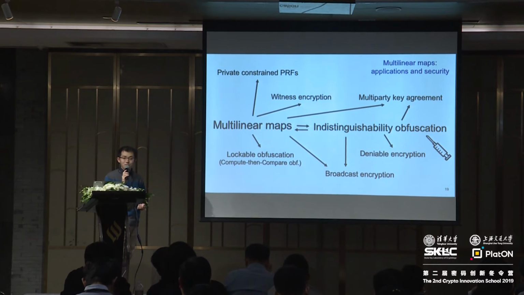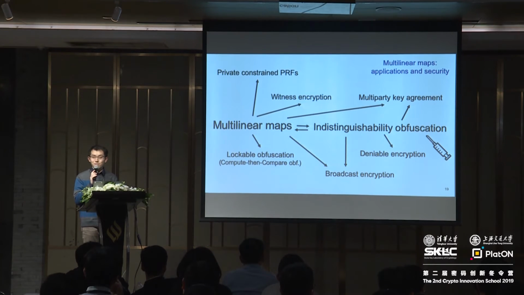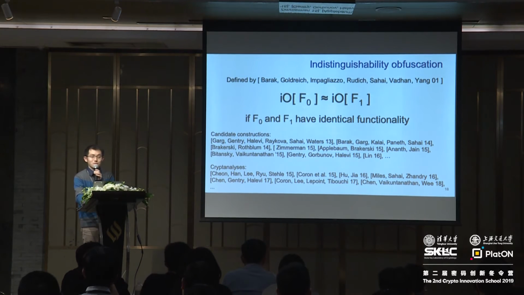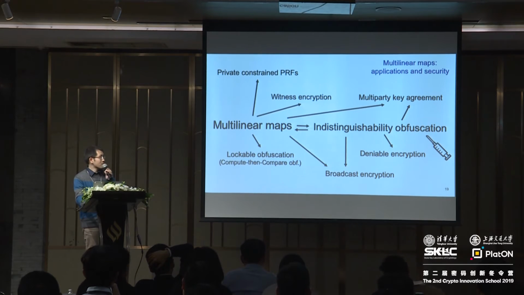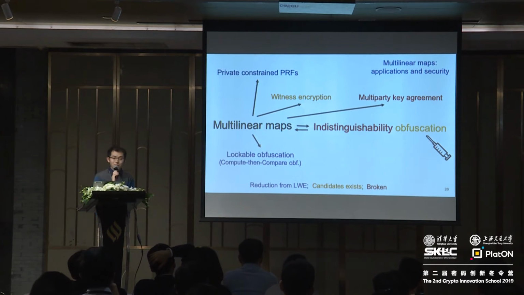You use multilinear maps to build other applications, but there's no functionality guarantee for the applications built from multilinear maps, and the multilinear map itself hasn't been based on a standard assumption like LWE. In fact, all the attacks on the previous page can be thought of as attacks on the multilinear maps themselves. So here's the partial current status of the multilinear map applications.